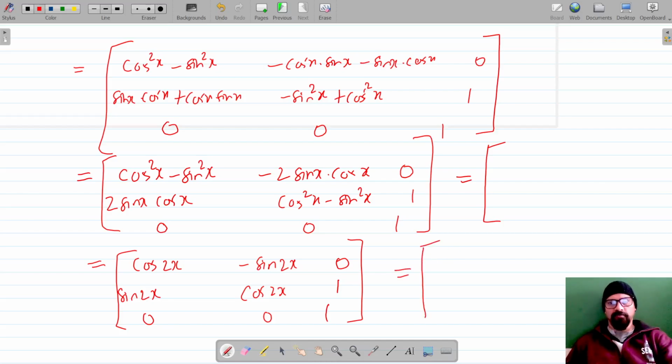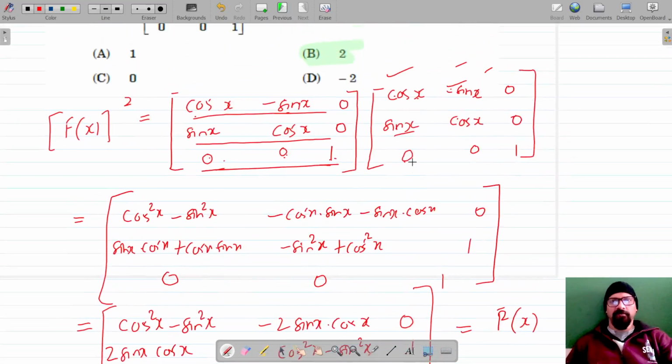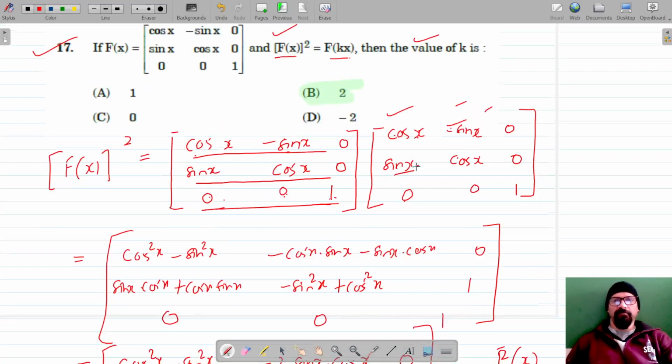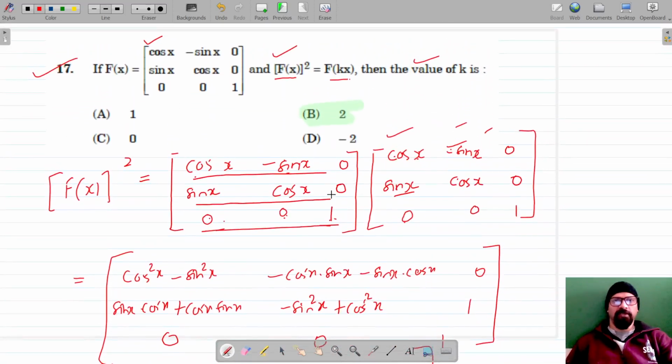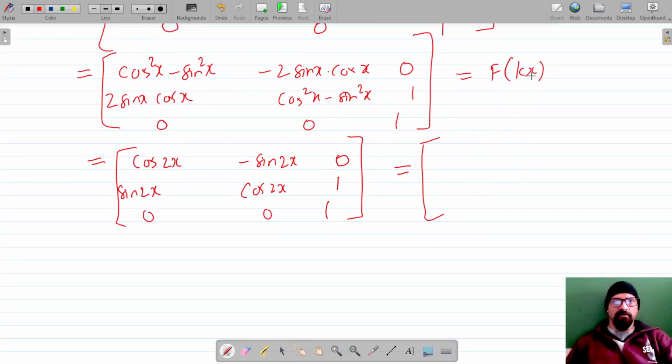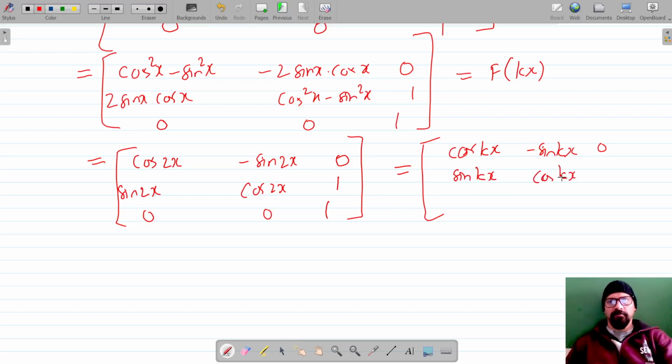Okay, now let's equate this to f of kx. f of kx: just multiply all the x with k, which would give me cos of kx, minus sin of kx, 0, and this is sin of kx, cos of kx, and 0, and this is 0, 0, 1.